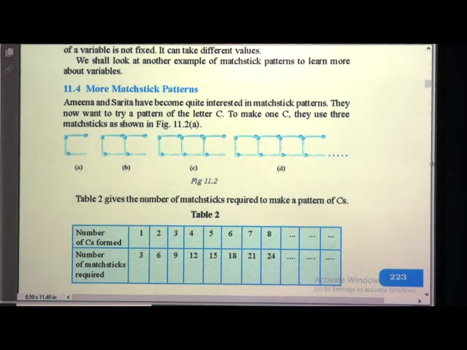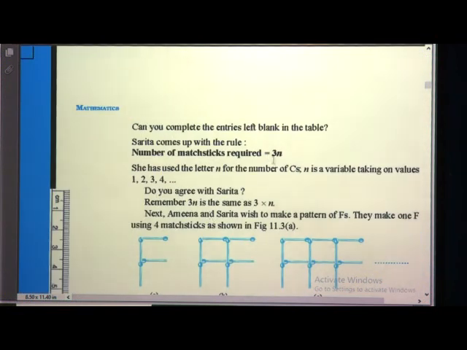So, it goes on continuing. So, here the pattern formed is 3n. It means 3 should be multiplied by n, where n is number of alphabet formed. It may be C or it may be A or S or anything else.